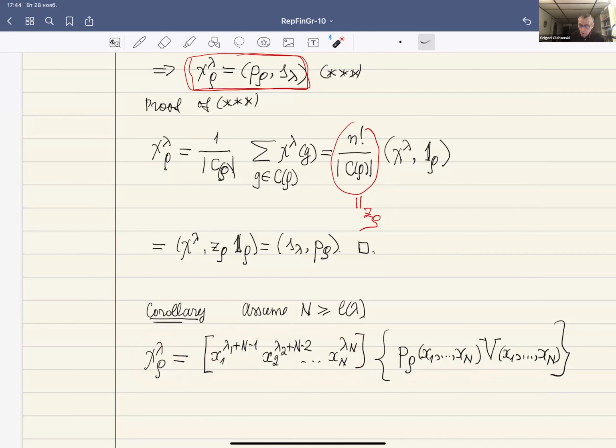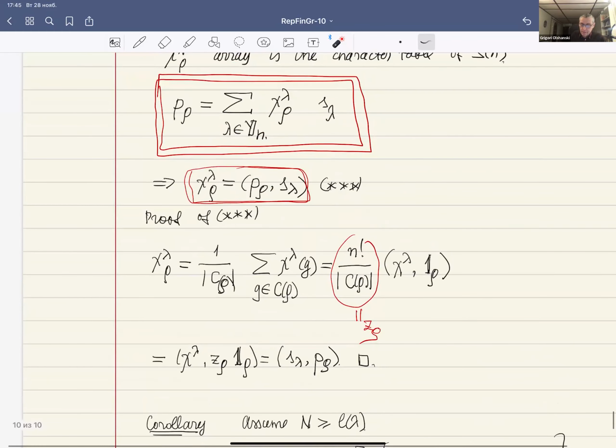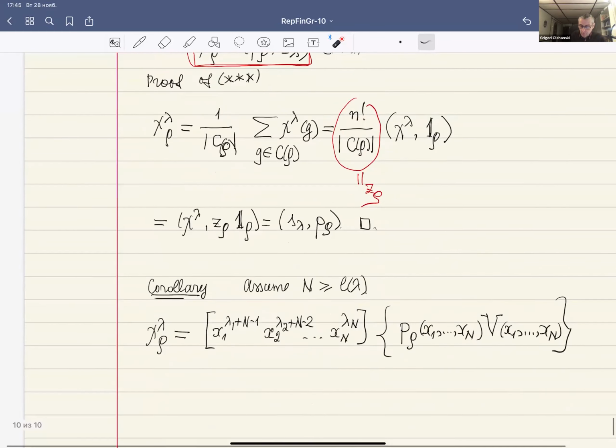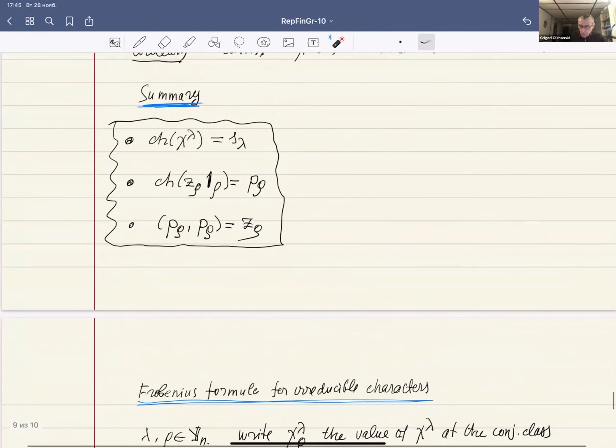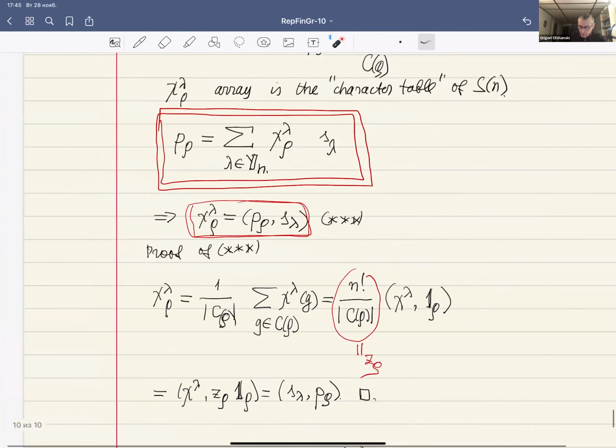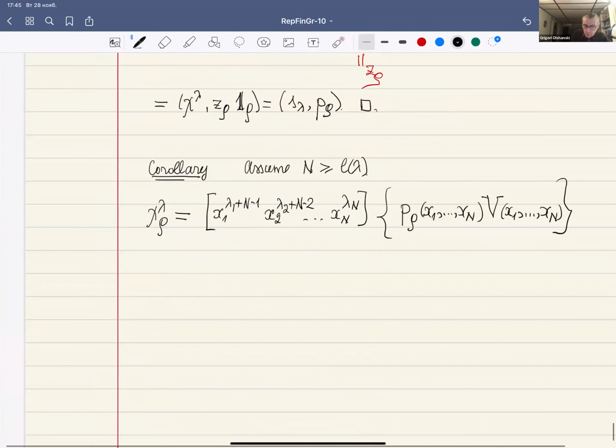Why is it true? This is true because of a general principle. Let me recall the general recipe.